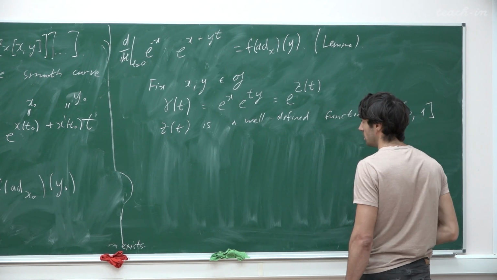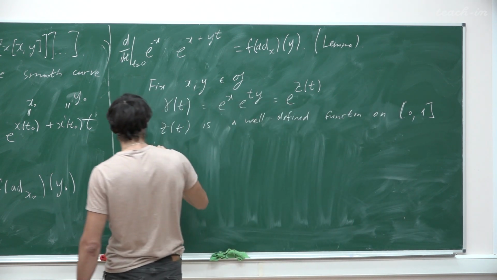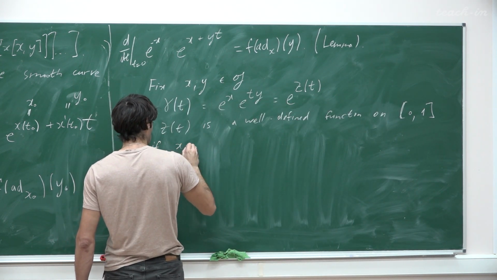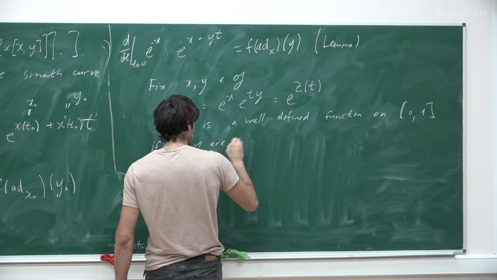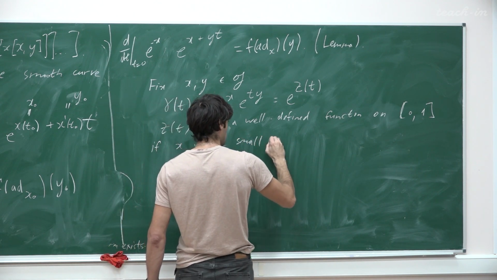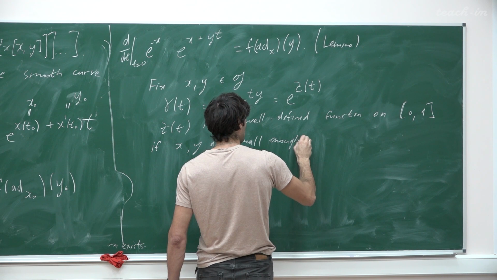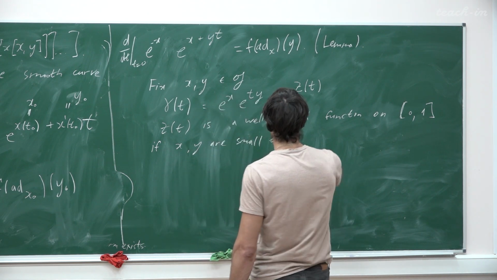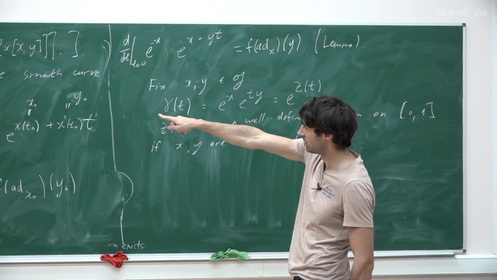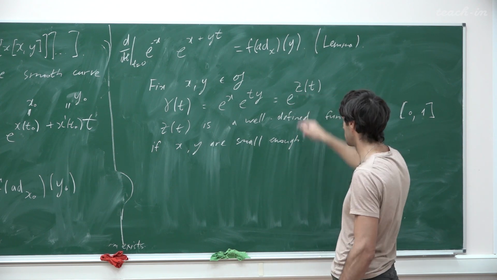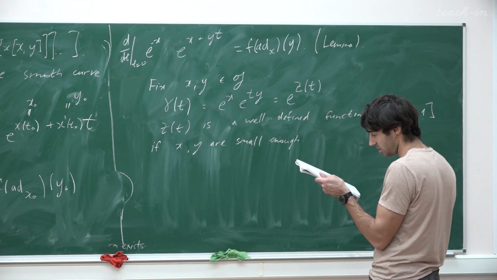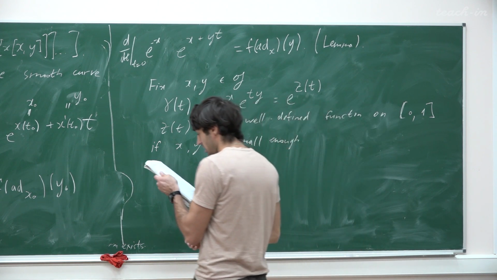So 1 will be fine if x and y are small enough. This will be my curve x of t. This is now z of t.